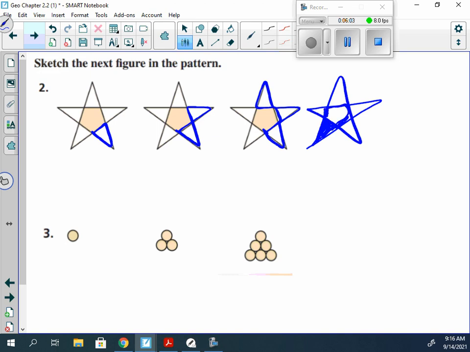The center would still be shaded, and then we just got one of the other sides. And it's also interesting to note that it is going counterclockwise, the way that the unshaded ones are going, because we started in the bottom right, then we had bottom right and top right, bottom right, top, middle, top.